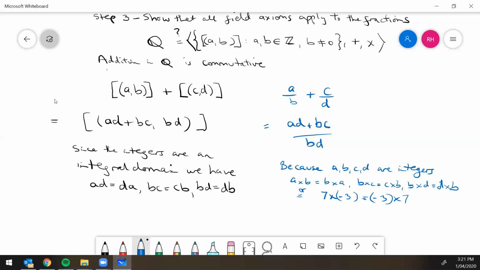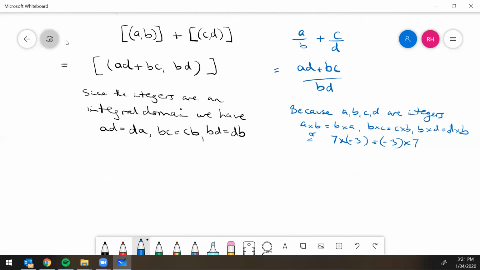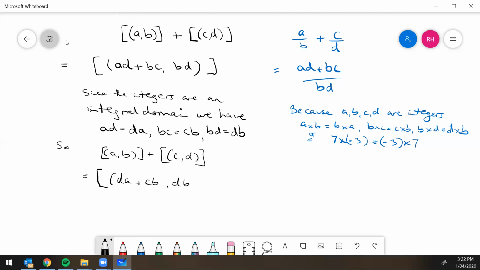Okay, so now we can go on. We're going to go back to this now. We're saying that AB plus CD is equal to, I can just change the order around because I've explained now why I do that, DA plus CB, comma DB.